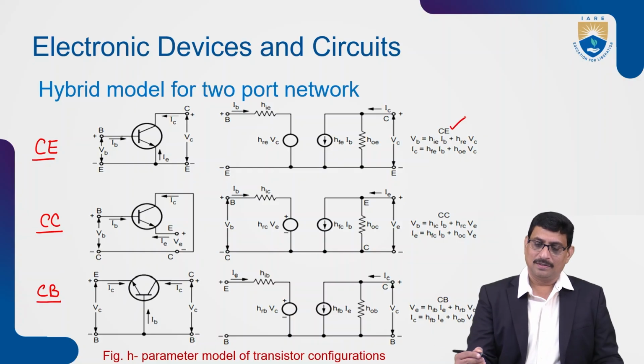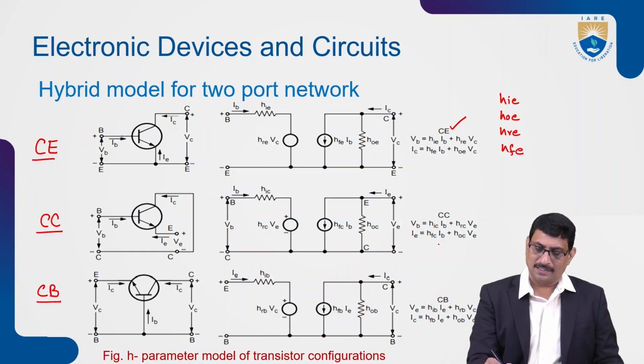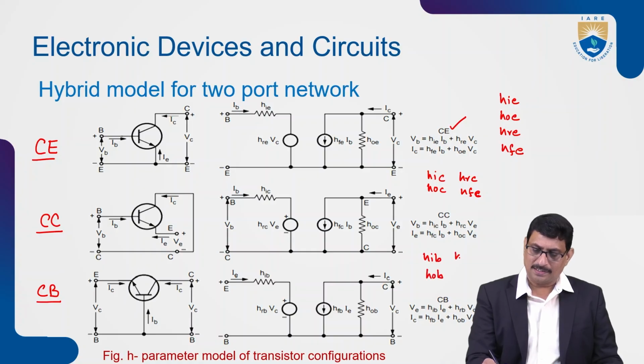For CE we use HIE, HOE, HRE and HFE. Whereas if it is a CC configuration, instead of E I use C, that is HIC, HOC, HRC and HFC. If it is a common base configuration, I can use HIB, HOB, HRB and HFB.